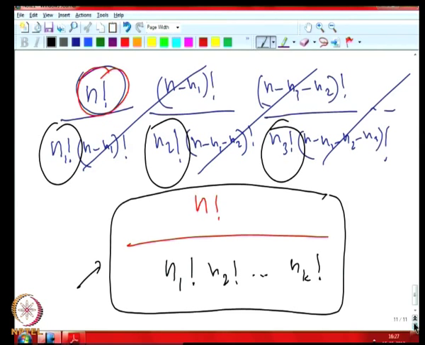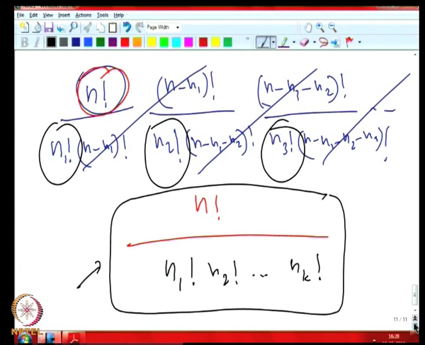So this is one model which we can keep in mind. There are boxes, there are balls. In some problems the balls may all be identical, sometimes the boxes may all be identical. In this problem the balls are also distinct, I mean you can distinguish one ball from another.